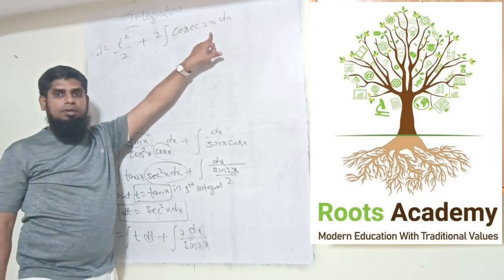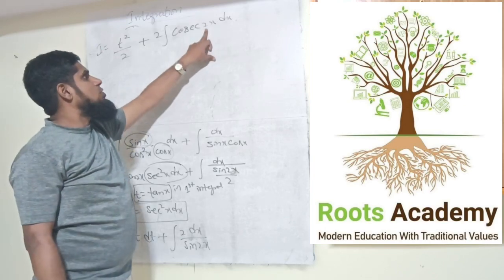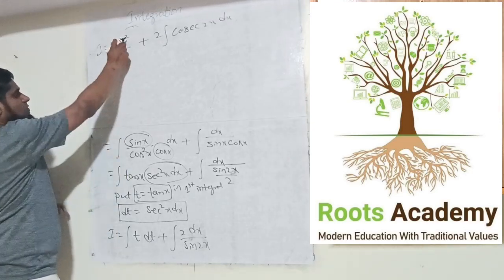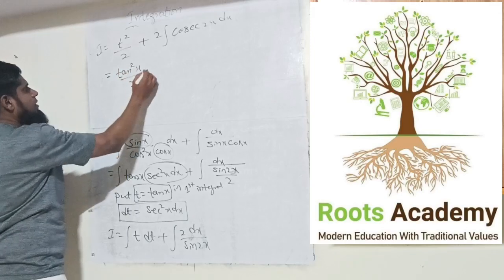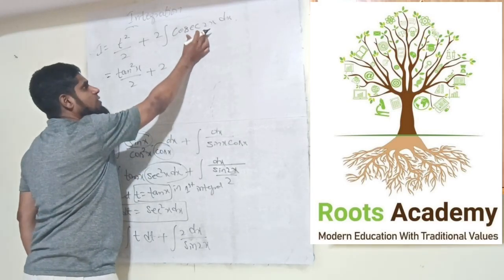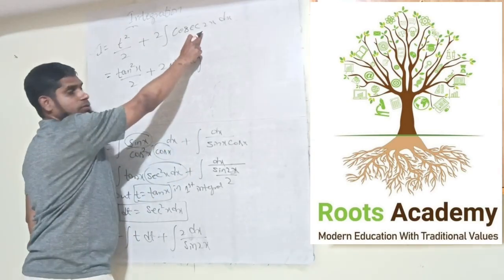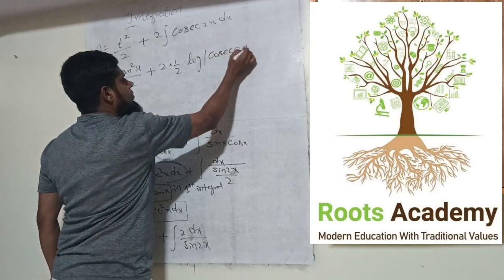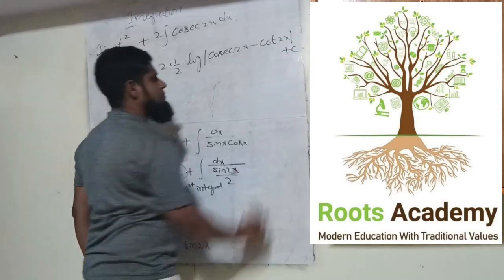Students, we know the integration of cosecant x is log of mod cosecant x minus cot x. Since 2 is multiplied to x, that will come in the denominator. So what is the value of t here? T is tan x. So tan square x divided by 2 plus 2 as it is, into 1 by 2, which comes from the integration of cosecant 2x: 1 by 2 log mod cosecant 2x minus cot 2x plus c.